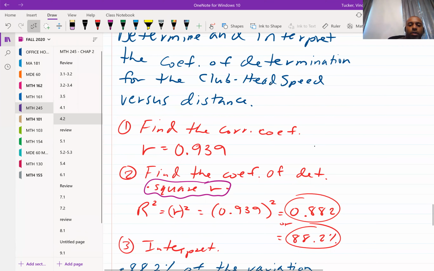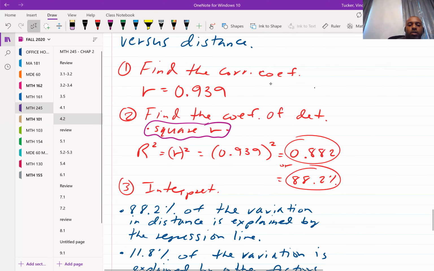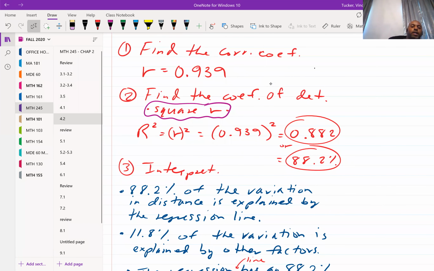Now it's all about interpreting the numbers that you have. So this means that 88.2% of the variation in distance is explained by the regression line, or predicted by the regression line. Then 11.8% of the variation is explained by other factors. In other words, 88.2% of the time, the regression line is going to be reliable, is going to predict accurately. That 11.8%, and we get that from subtracting 88.2 from 100, other factors would come into play that prevent it from being accurate.